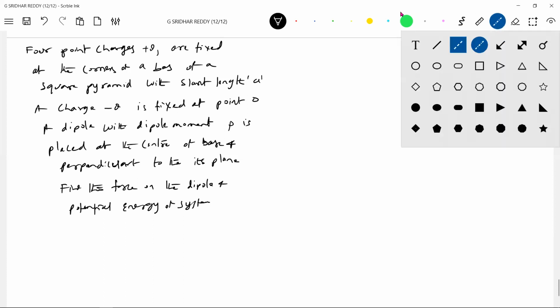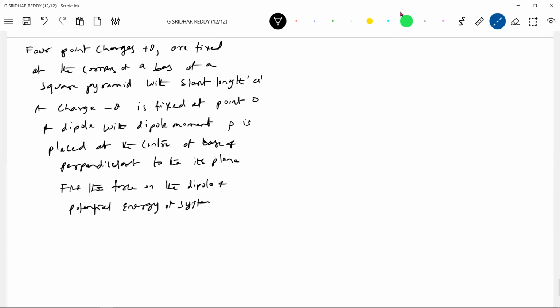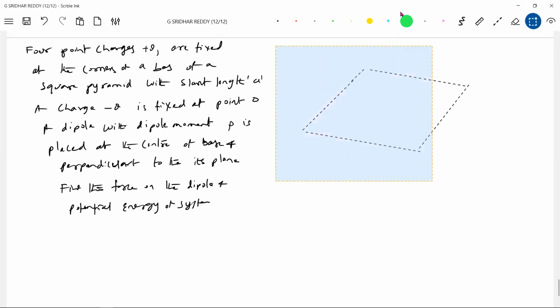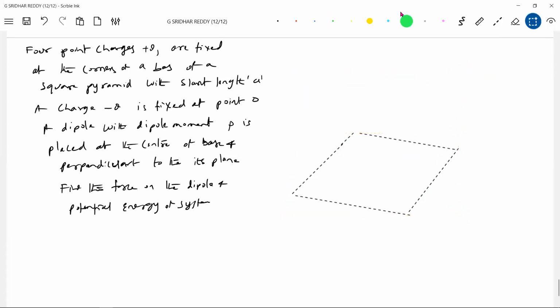Oh, I can draw a better diagram. Slant face.